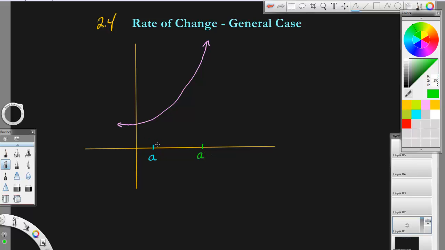So this distance right here from point number 1 to point number 2 is h in length. So this is a plus h. Does that make sense? So if this was 2 and h was 3, this would be 5 out here. Okay? So a and a plus h.